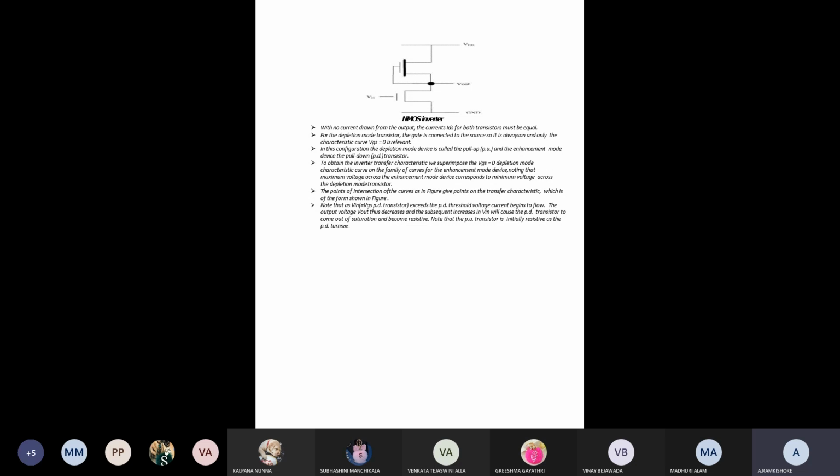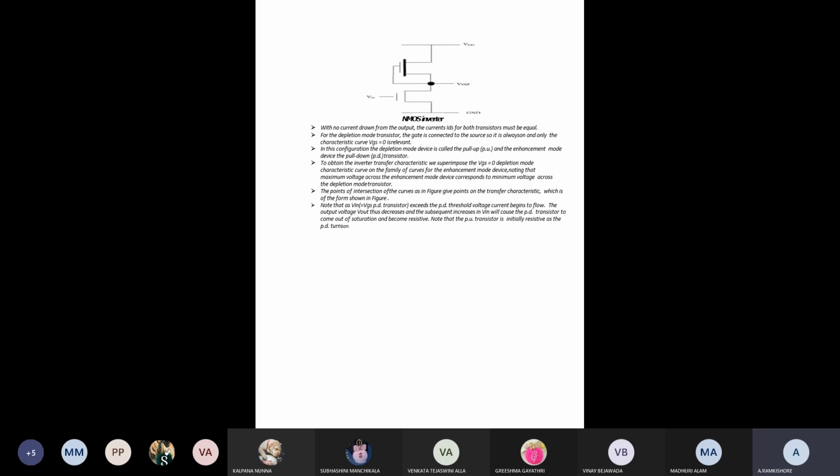So remember the difference between the CMOS inverter and the NMOS inverter. In the CMOS inverter, we use two different types of MOS transistors, one PMOS and another NMOS.